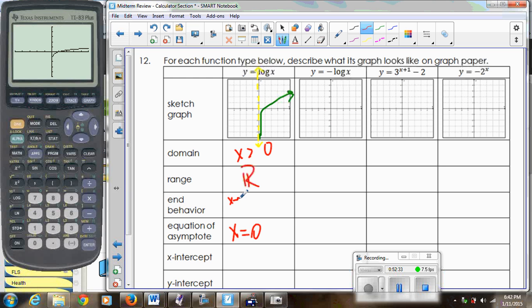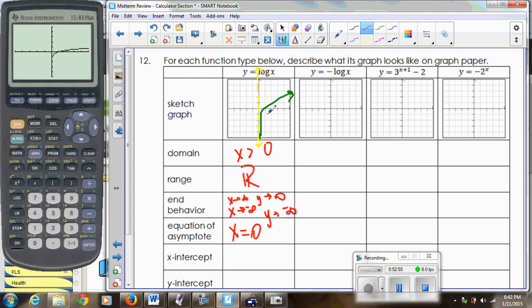As x approaches infinity, what is happening to y? In this case, y is approaching infinity. And as x approaches negative infinity, y is approaching negative infinity. And that's the end behavior.